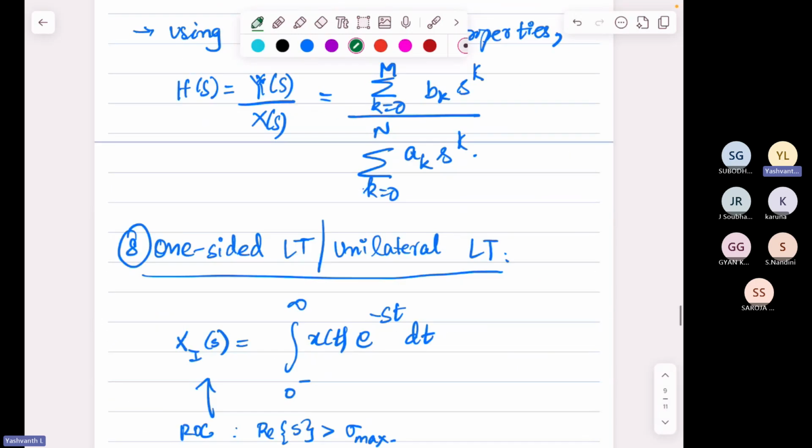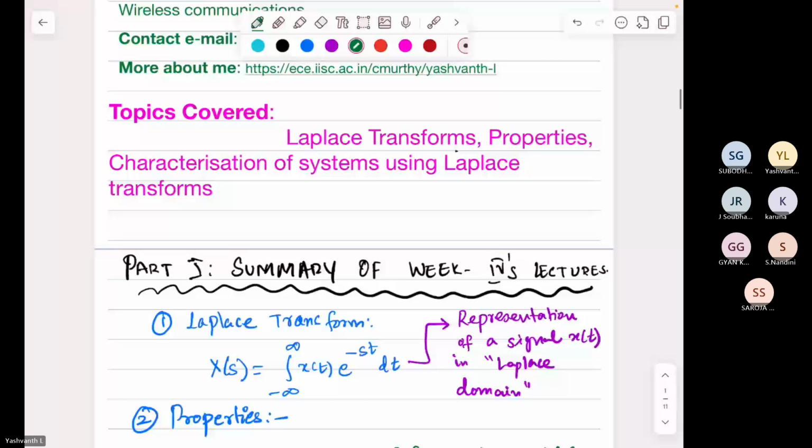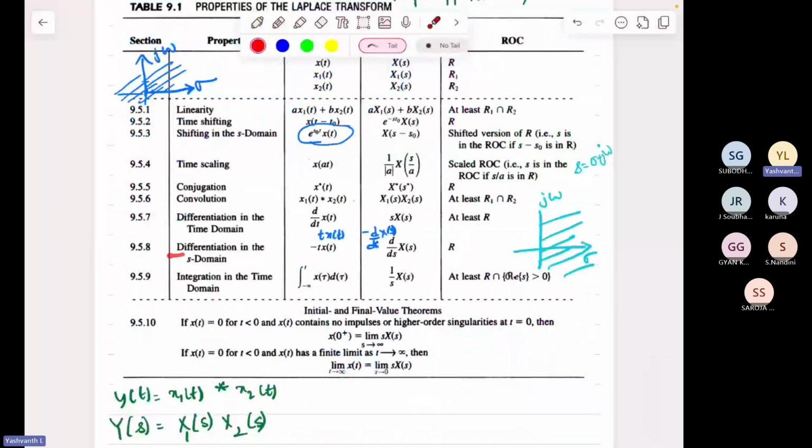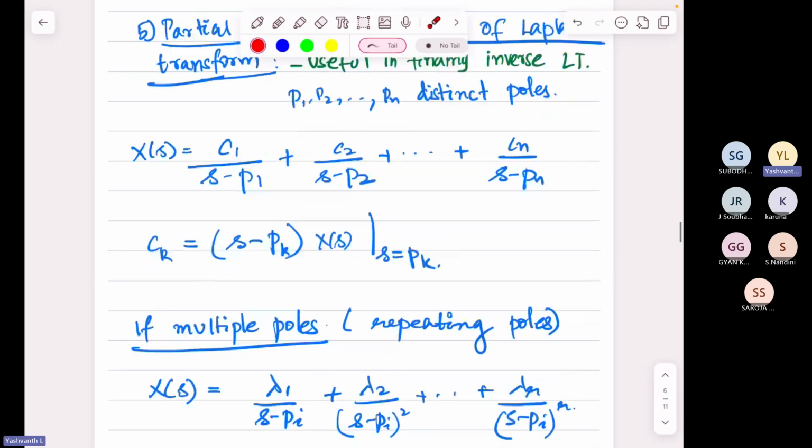Let's go back to the table again. You see here, there is a property called differentiation in s domain. What it says is minus t into x(t) will have the Laplace transform d/ds of X(s), or take this negative to the other side, t of x(t) will have the Laplace transform minus d/ds of X(s). That's what I have used here.